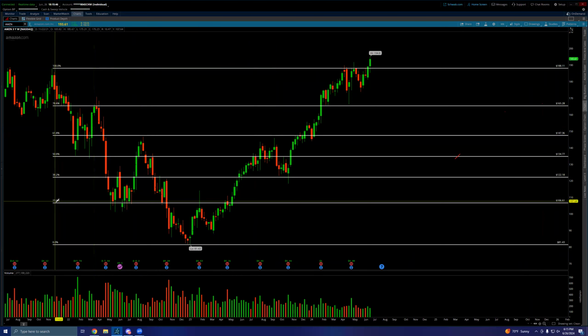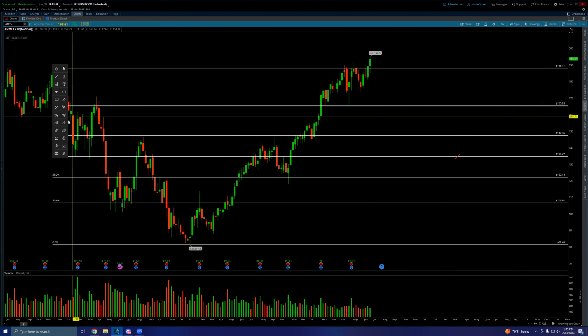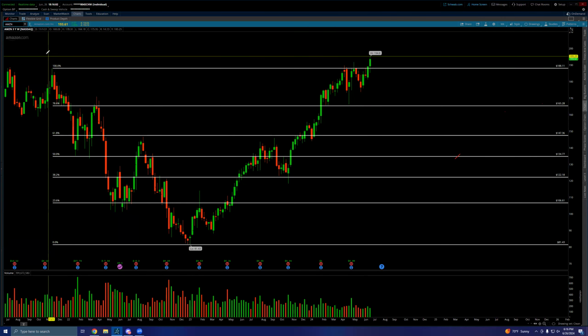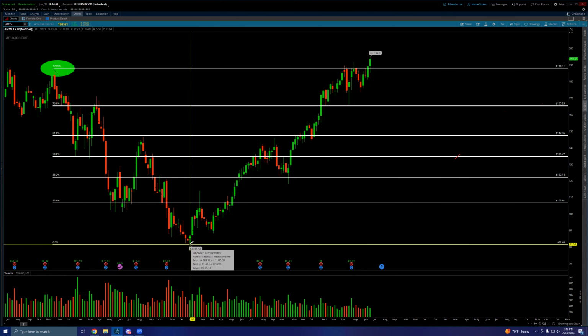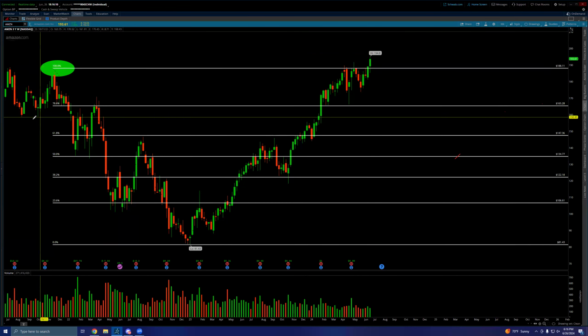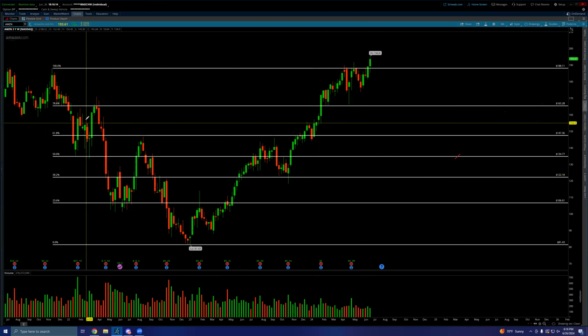Essentially, these percentage ratios are how much of that range has been retraced, which is why it's called the Fibonacci retracement. For example, if price started at $81 and came back to 188, it has retraced 100% of this entire move lower, because it's returned to the price it was previously trading at. So the whole move has been retraced.